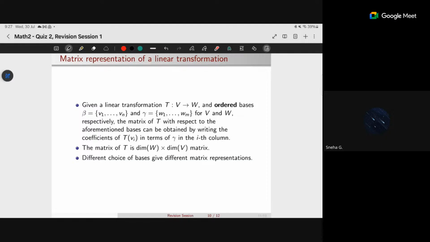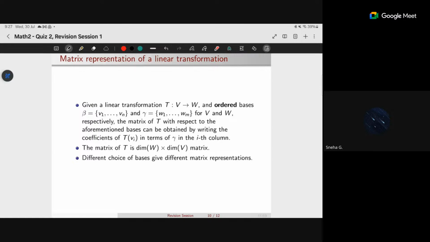Now, basis is not unique. I could take the standard basis (1,0), (0,1) on the domain, and I can have the standard basis on the codomain as well, if that is also Rn for some n. But that is not the only choice of basis. So the matrix of a linear transformation is something which is dependent on a choice of basis.